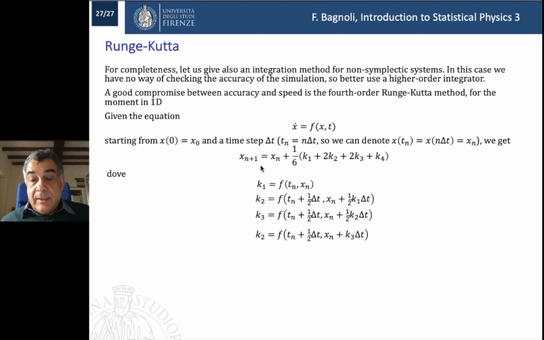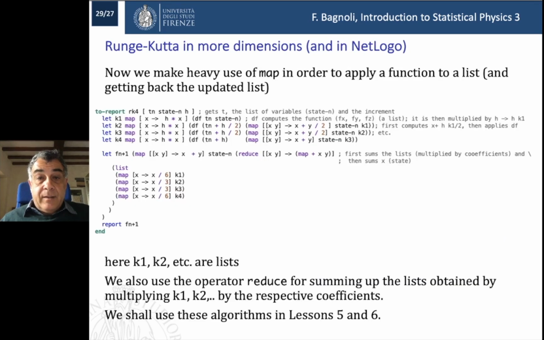Runge-Kutta step, and then I have to multiply them separately by 6 or 3 here. Then I get the result of this, which is a list of lists. I use reduce in order to sum this list of lists into a single list.